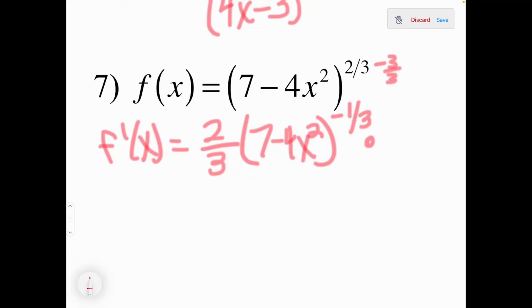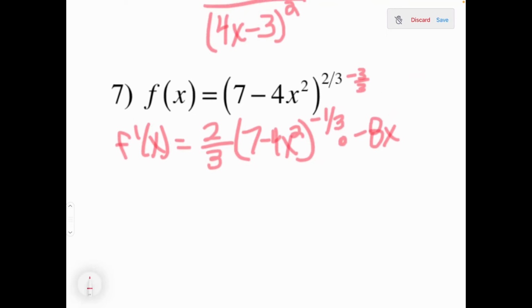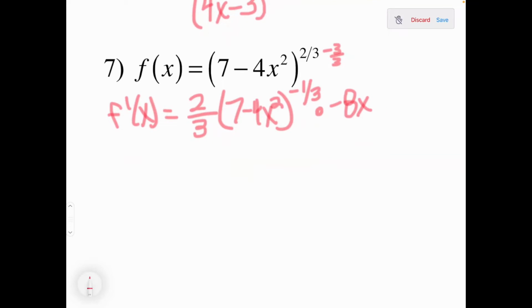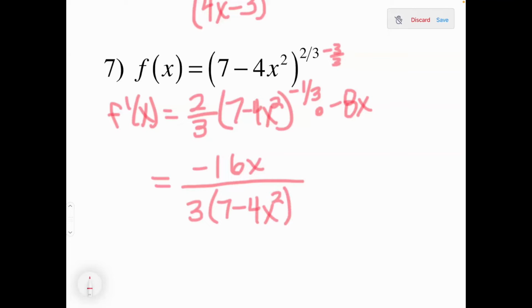The derivative of negative 4x squared is negative 8x. We can multiply the 2 and the negative 8x together and get negative 16x on top. And we can move the 7 minus 4x squared to the negative 1/3 to the denominator to make it positive 1/3. And we are done with number 7.